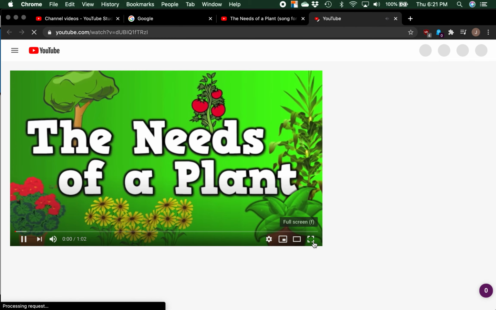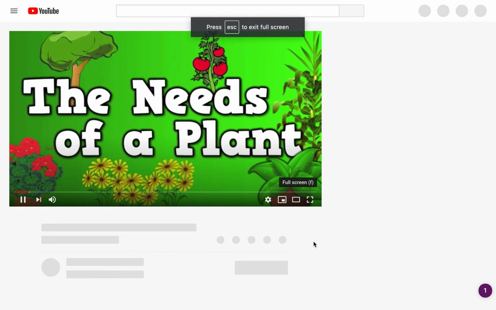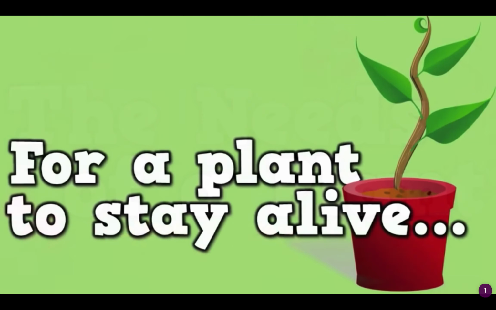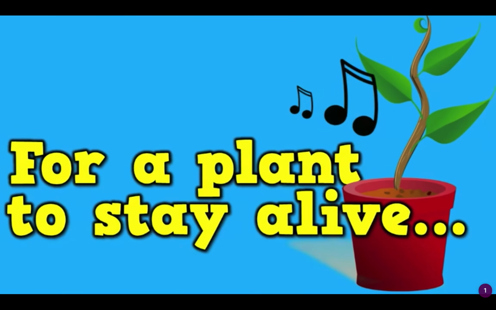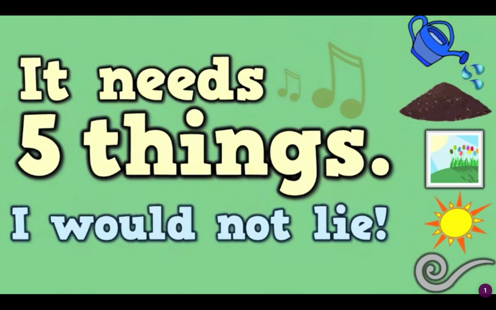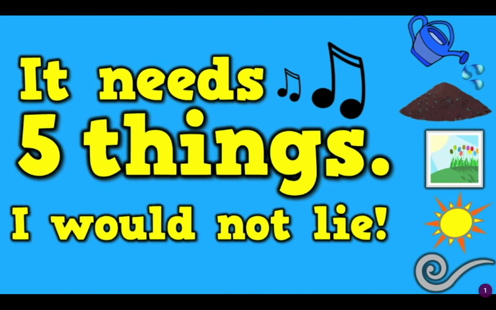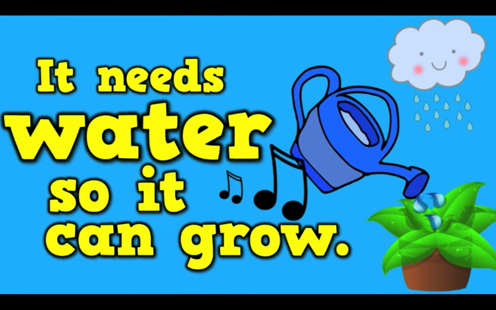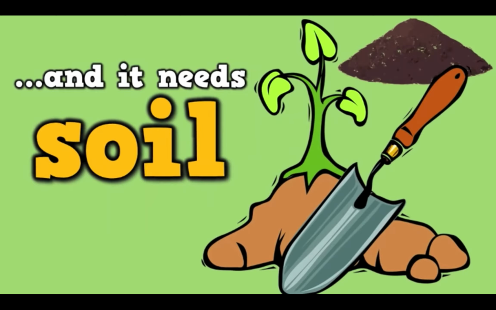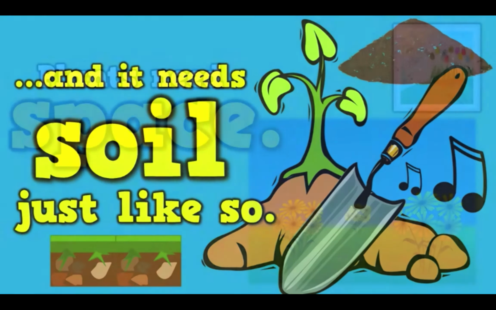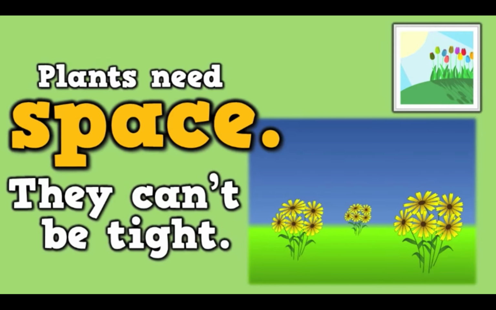The needs of a plant. For a plant to stay alive, it needs five things I would not lie. It needs water so it can grow. And it needs soil just like so. Plants need space, they can't be tied.